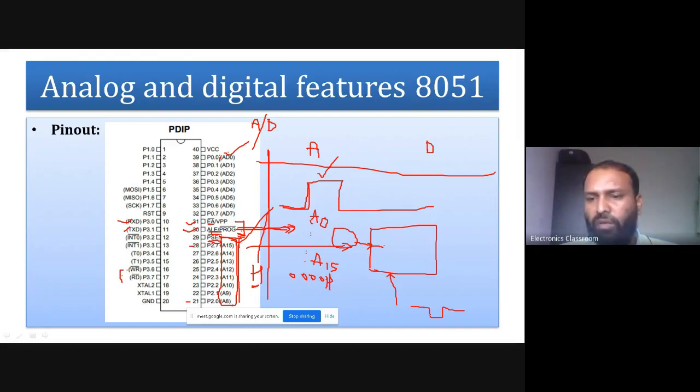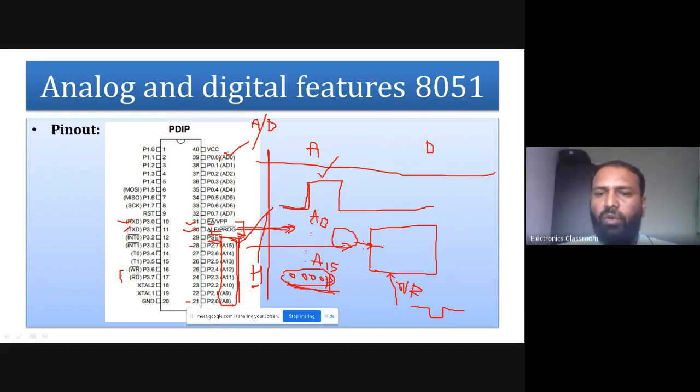So bar means we need to make this pin low. Whenever memory receives this pin low, memory will see which address I am receiving. So memory will understand that I need to write on the 0000H address, and I have received a write signal.